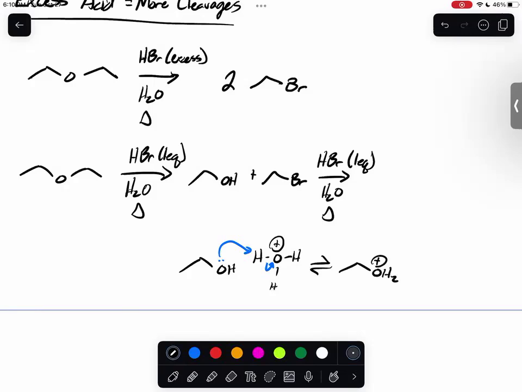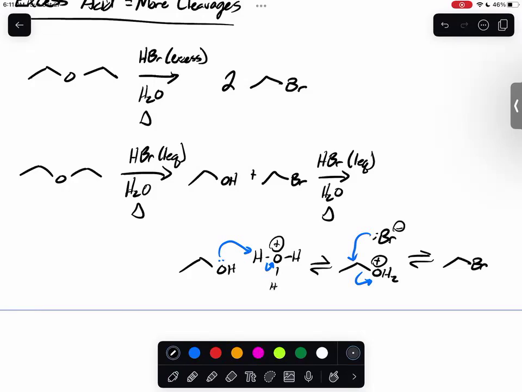And at this point, the bromide can then come in and do a backside attack, kicking that out and leaving us with another ethyl bromide. So essentially what we're looking at here is the more acid you have, the more times you can substitute it. All right. The other thing is that stronger acids react faster.